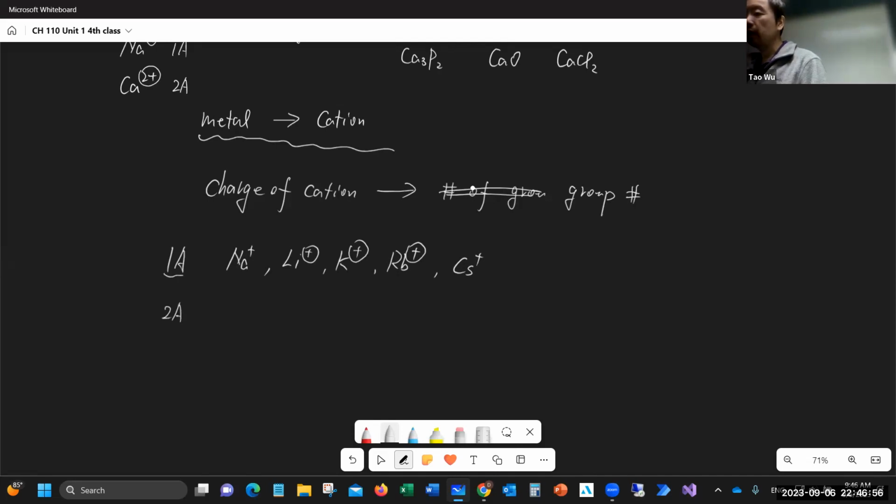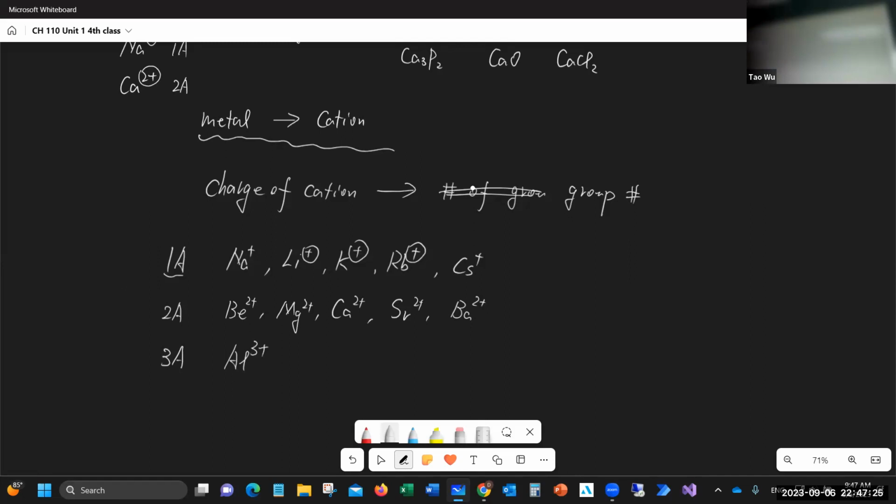The 2A group is the same. You have beryllium ion, magnesium ion, calcium ion, strontium ion, and barium ion, all 2 positive. For the 3A group, we're talking about aluminum. Aluminum has a 3 positive charge.